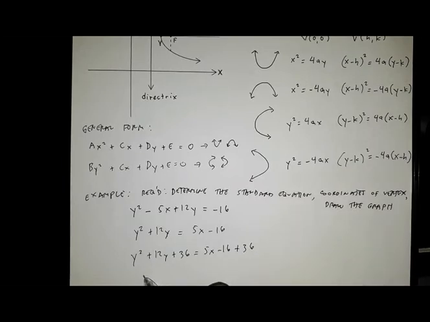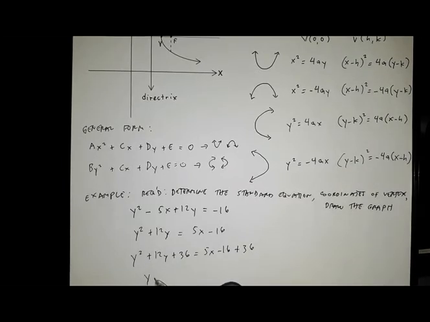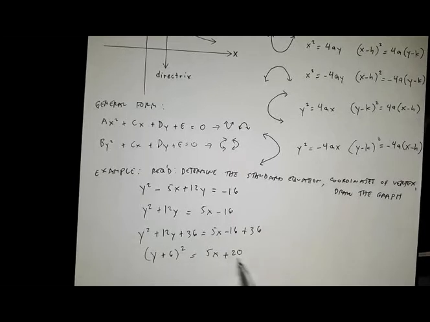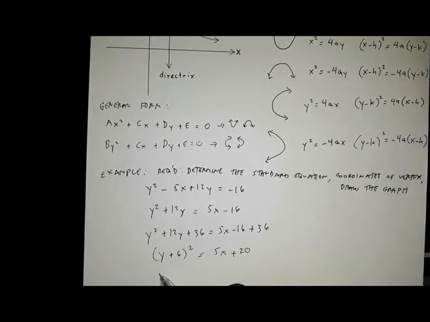So simplifying, we have (y plus 6) squared equals 5x plus 20. So to further simplify to standard equation, we have (y plus 6) squared equals 5 times (x plus 4).